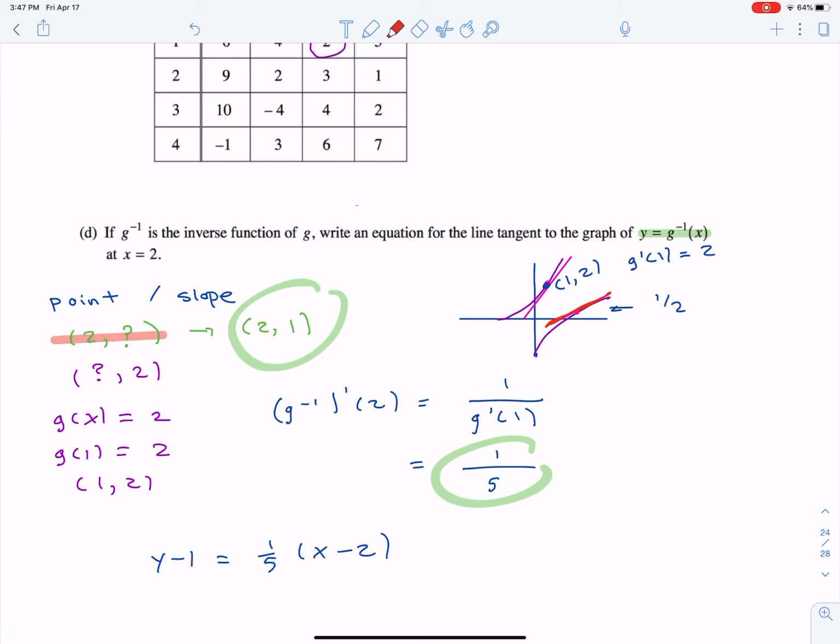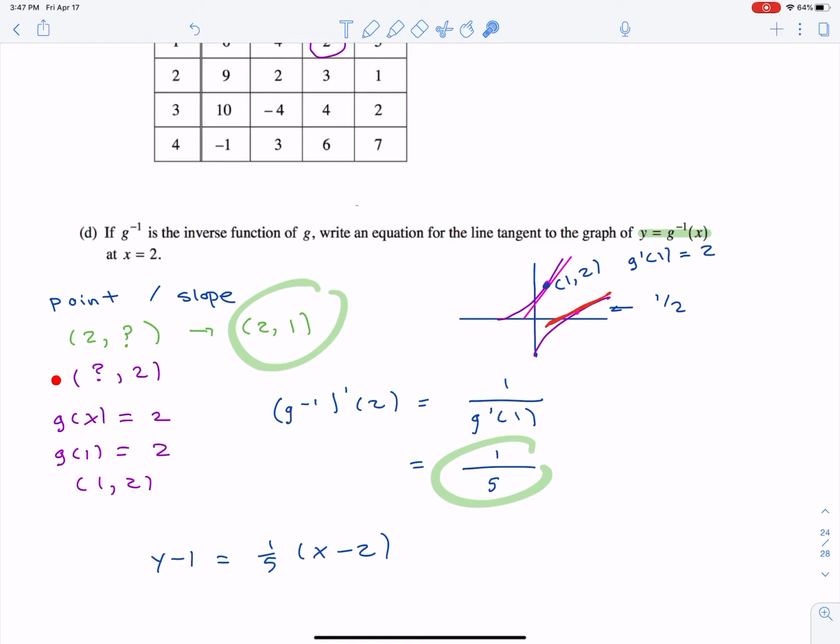It was going to pass through the point 2 something. Because whenever you have an inverse, you flip the x and the y, the inverse function was going to pass through the point (2, something).